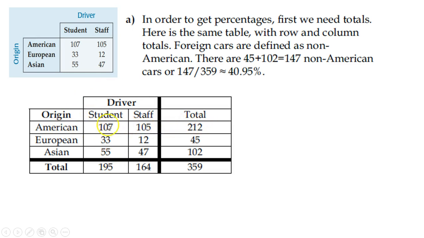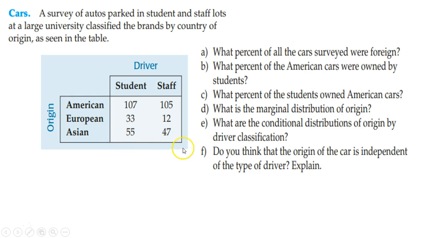Divide those two numbers to get your answer. 107 divided by 212, and you get roughly 50.47%.